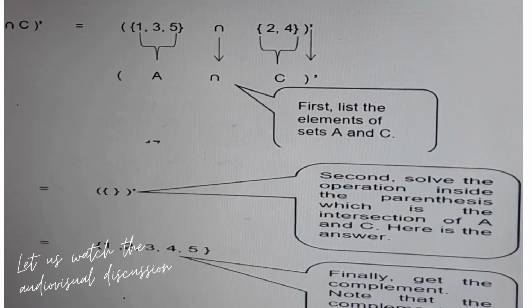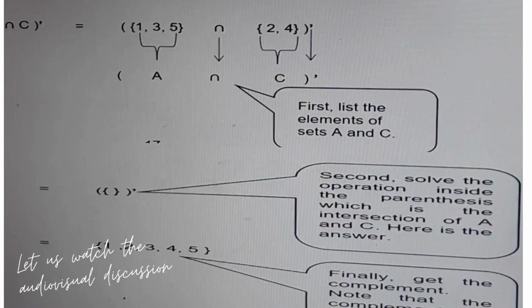For letter B, the first thing you are going to do is find the intersection between A and C complement. Again, mentioning the elements of set A, we have 1, 3, 5, and set C, we have 2 and 4. We have to take it one at a time.